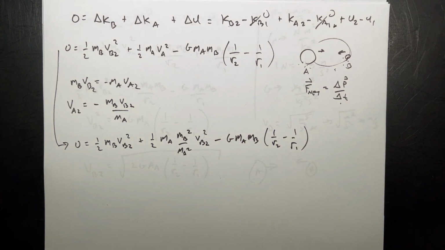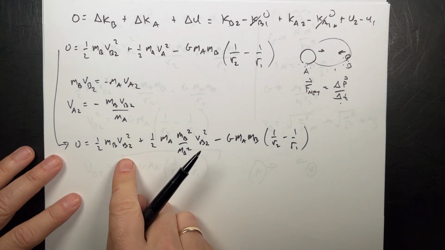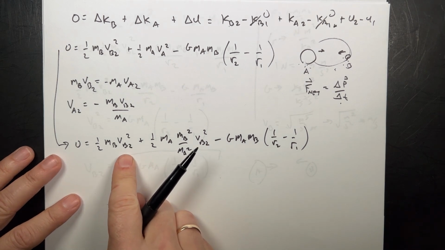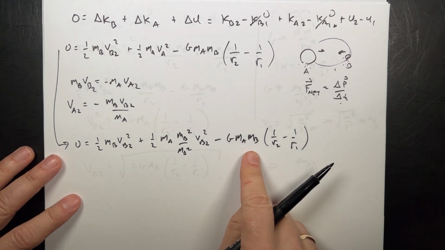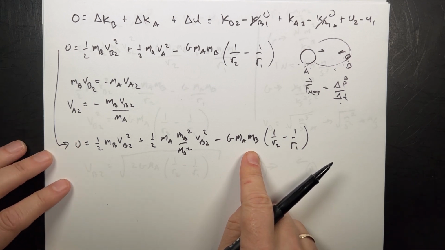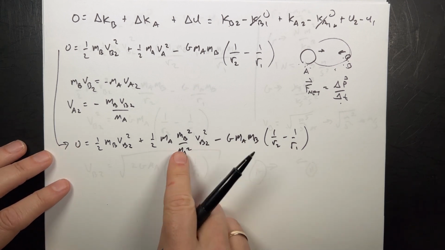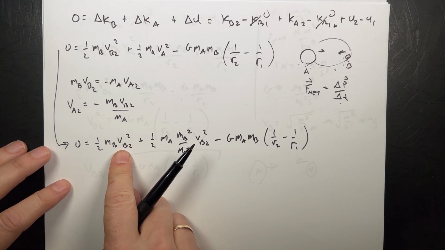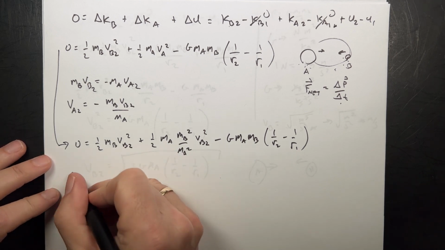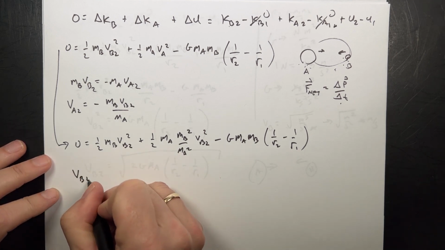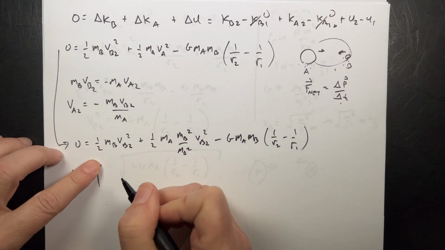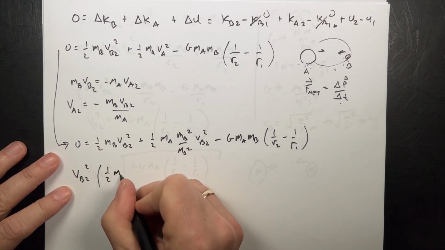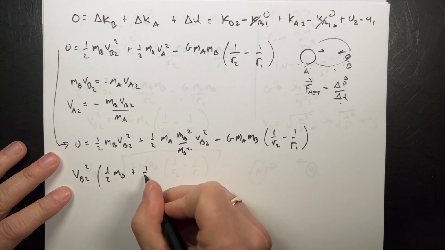So what I want to do now is to solve this for VB2 squared. So let's add this to both sides. So it comes over here, or I'll switch, however you want to do it. And then I'm going to factor out the VB2 squared, and I'm going to do that in one step. So I have VB2 squared times all of that stuff, 1/2 MB plus 1/2.